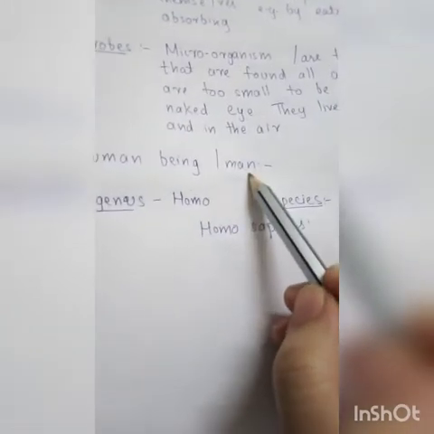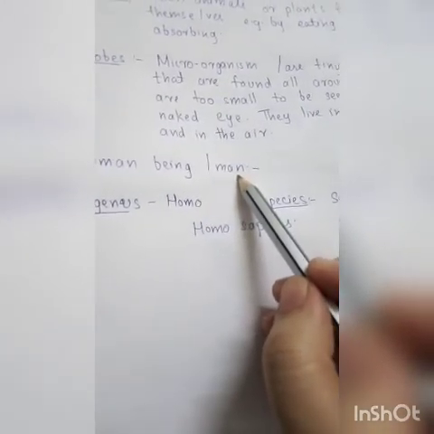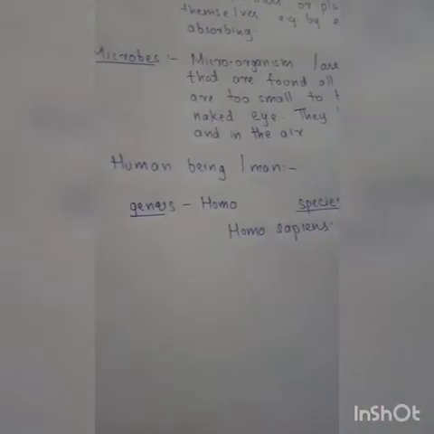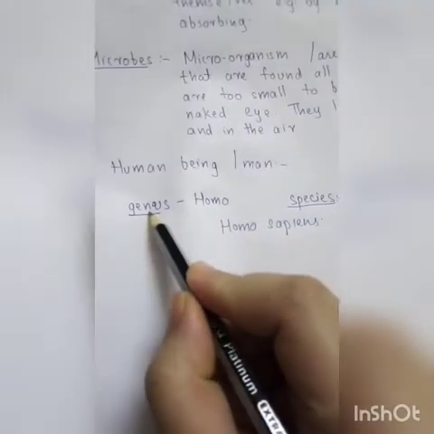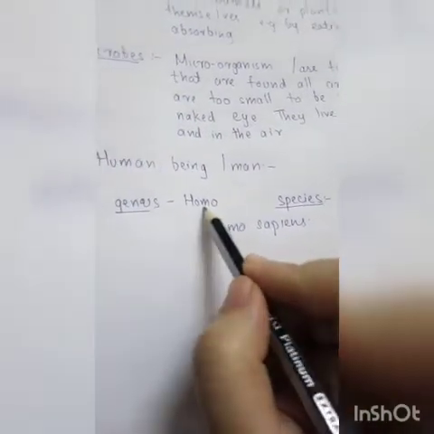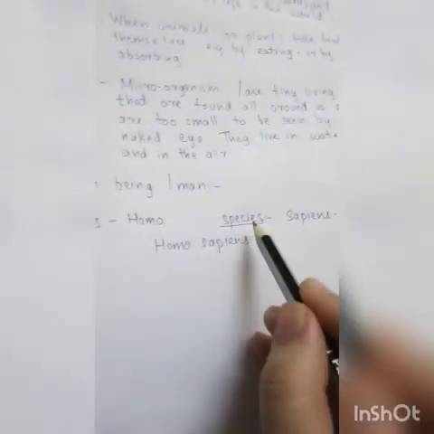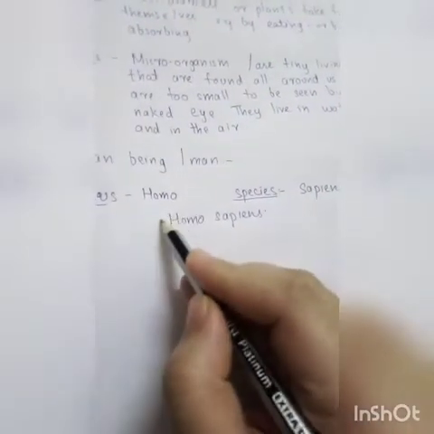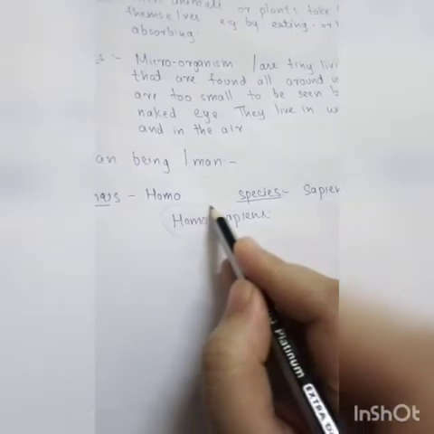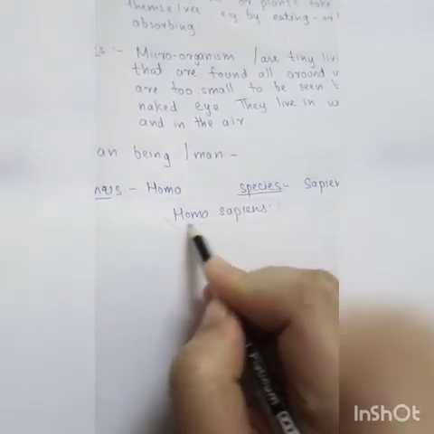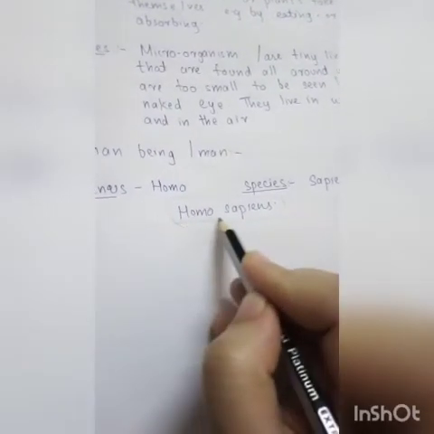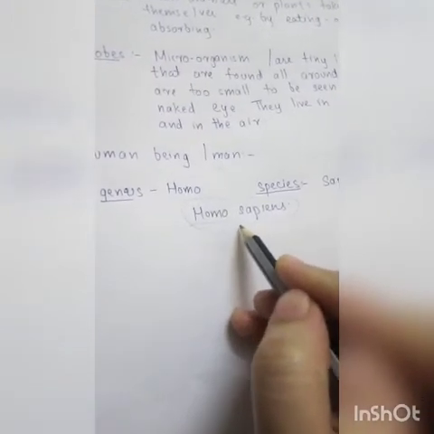What is the scientific or binomial name of the human being? Genus is Homo, species is sapiens. That means the scientific or binomial name of the human being is Homo sapiens. Got it?